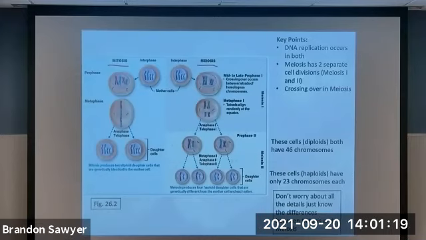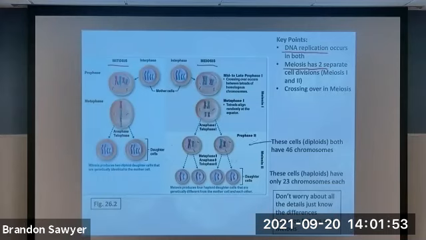So we definitely get DNA replication happening in both. In both, we start with 2 full sets of DNA. But the big difference is meiosis has 2 separate cell divisions, right? There's meiosis 1 and meiosis 2, but there's still only one time that we replicate DNA. So the end result is going to be, first of all, 4 cells in meiosis instead of 2, and second, each of those 4 cells only has half the number of chromosomes that the cell they started with had.